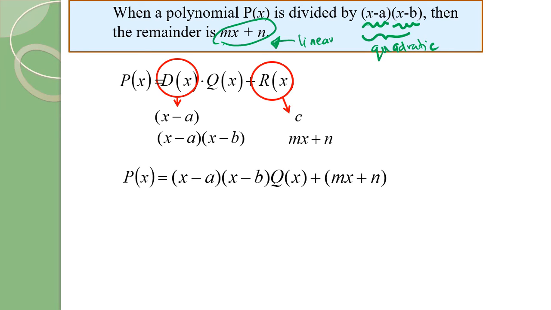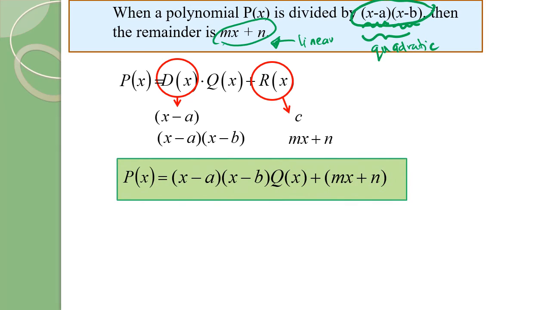So P(x) equals (x minus a)(x minus b) Q(x) plus mx plus n, because the divisor is a quadratic with two linear factors. You have to remember this theorem other than the remainder theorem.